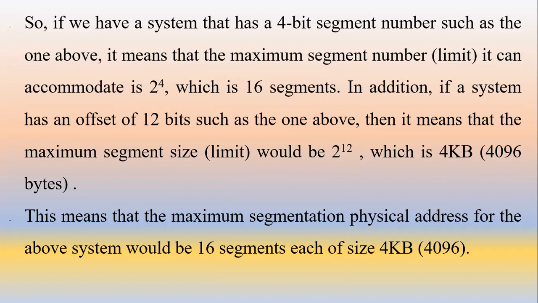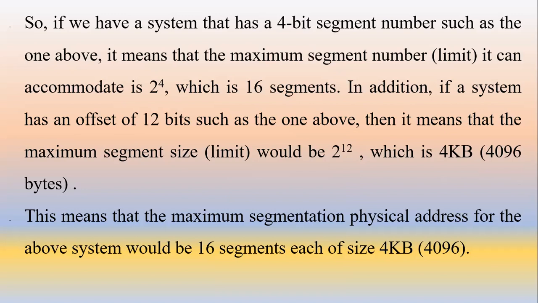In addition, if a system, for example, has an offset of 12 bits, such as the one that we have also looked at, then the maximum segment size or limit would be 2 to power 12, which is 4 kilobytes, or what is equivalent to 4096 bytes.